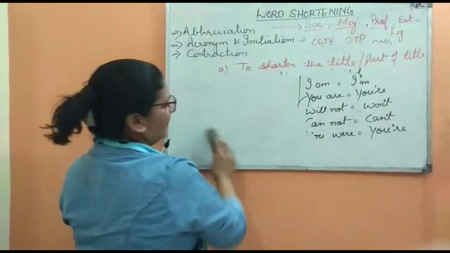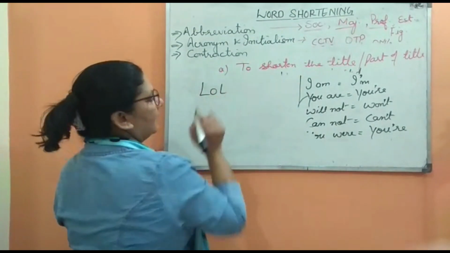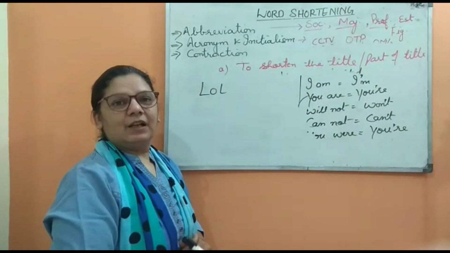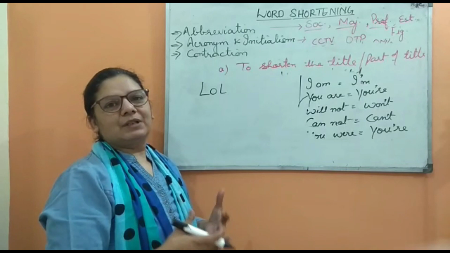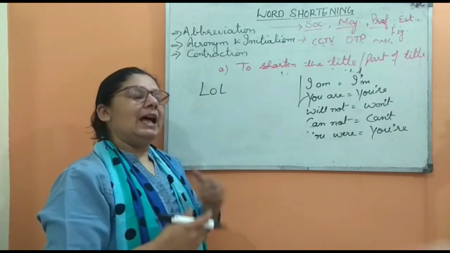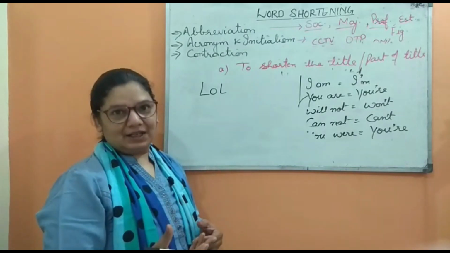If I give examples, we write this, LOL. We also speak this. LOL means laughing out loud. No need to write or say that I'm laughing out loud. You may say LOL. It is understood.